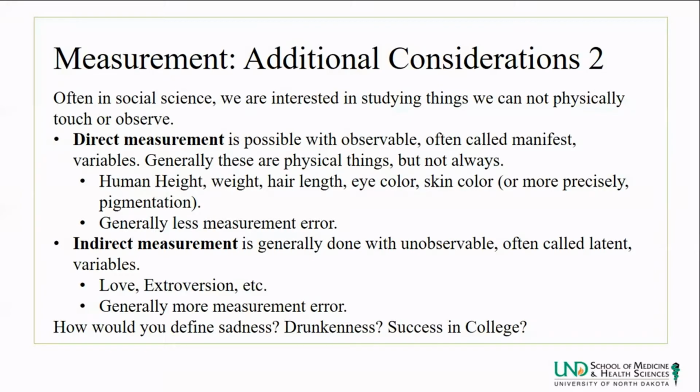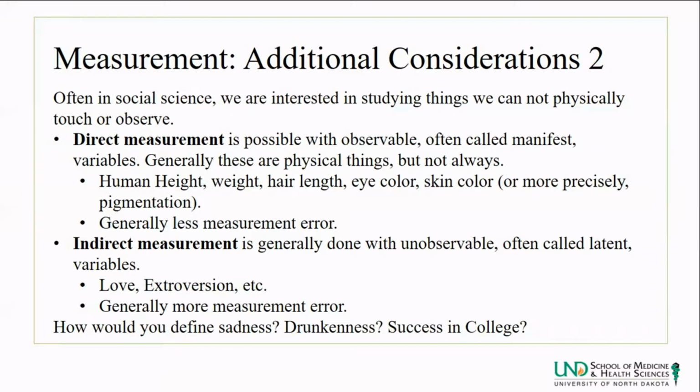So, you can measure someone's hair length, someone's weight, someone's height. You can directly measure that. You cannot directly measure someone's sadness. You can't cut open someone's skull, look at their brain and go, oh, there's 5 millimeters of sadness in this person. It doesn't work that way. So sadness would be a latent variable, and it is only possible to measure it indirectly, right?